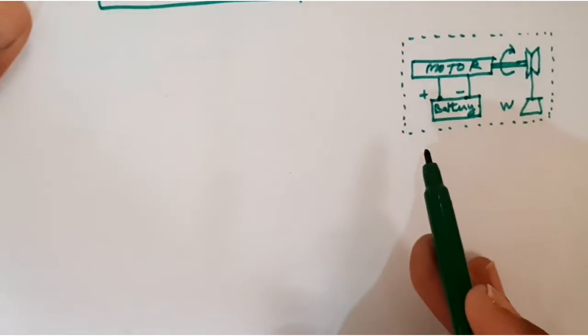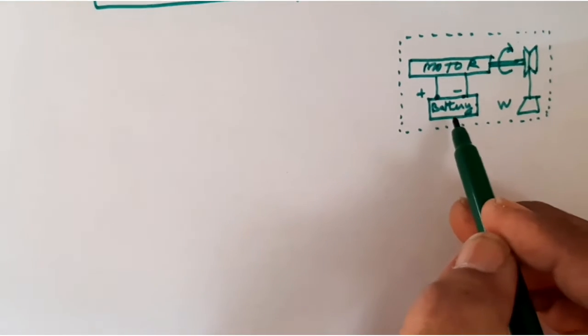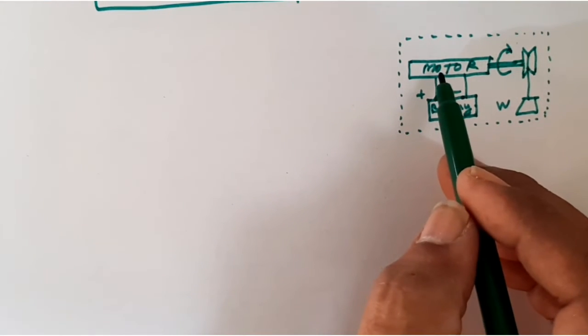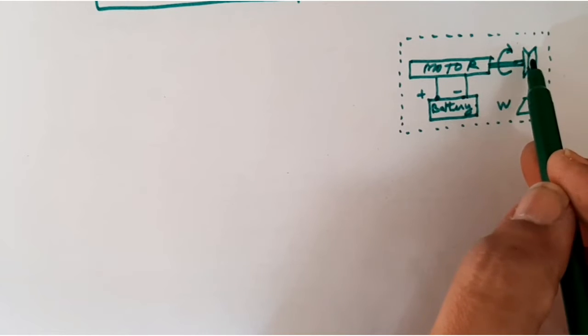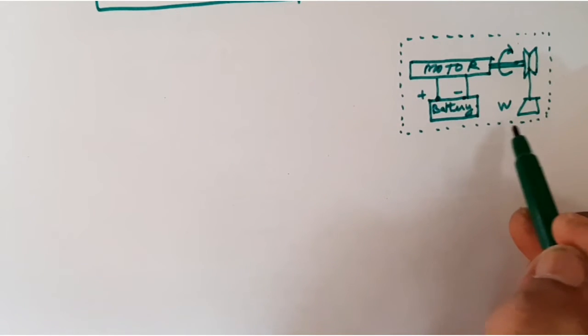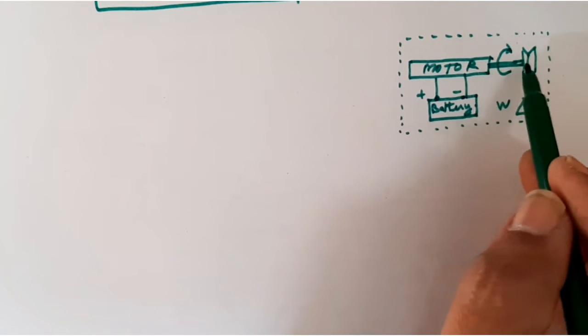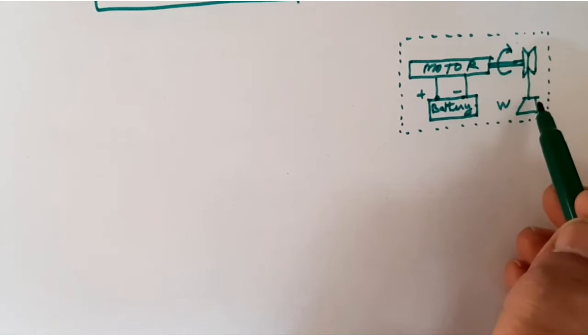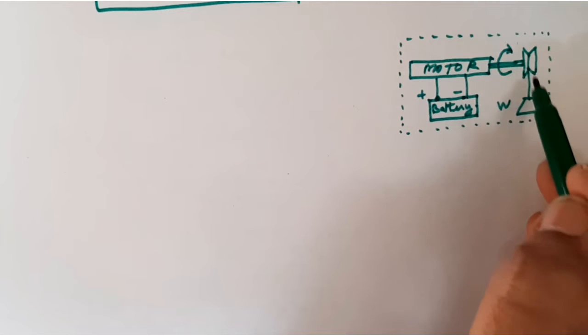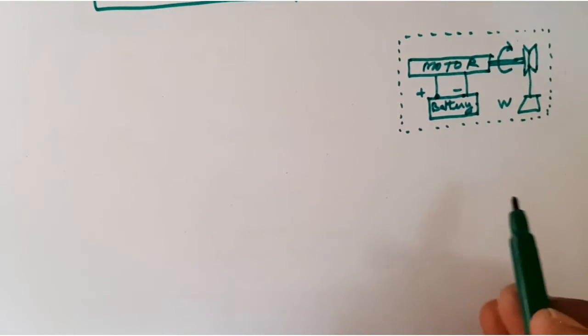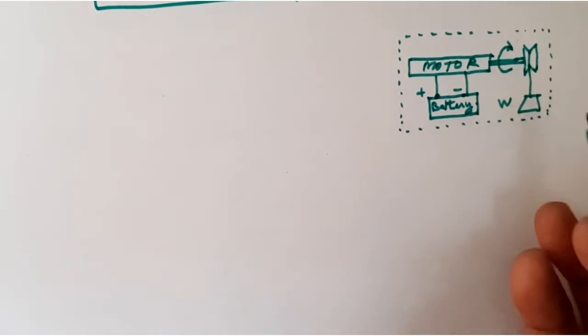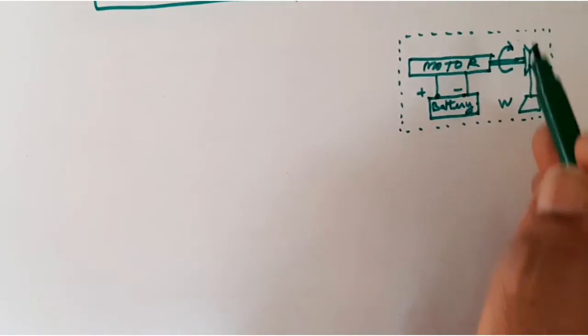In this figure you can see this is a battery, this is a motor, this is a connected pulley, and this is a weight. When we switch on, this motor will rotate this shaft and this pulley will rotate, and this weight is mounted on this pulley using a thread. So this pulley will lift this weight in upward direction.